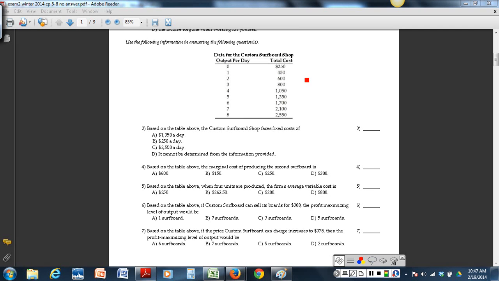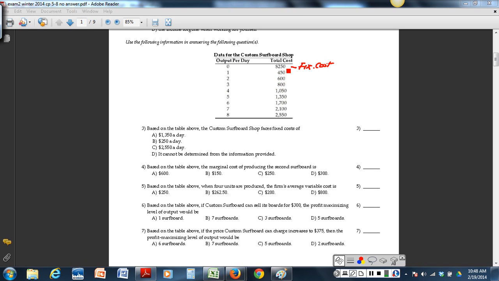So from our fundamentals, we know when we produce 0 units and there is still a cost of $250, that means it is not varying with production. So this must be your fixed cost. Right? That's your fixed cost. But then after that, everything starts varying, so that's a variable cost.